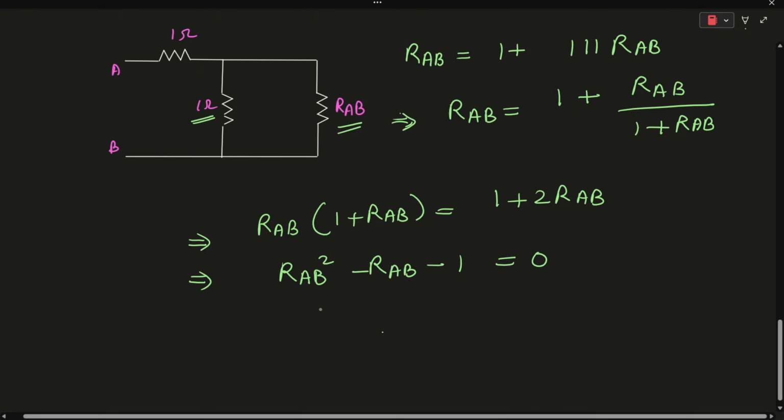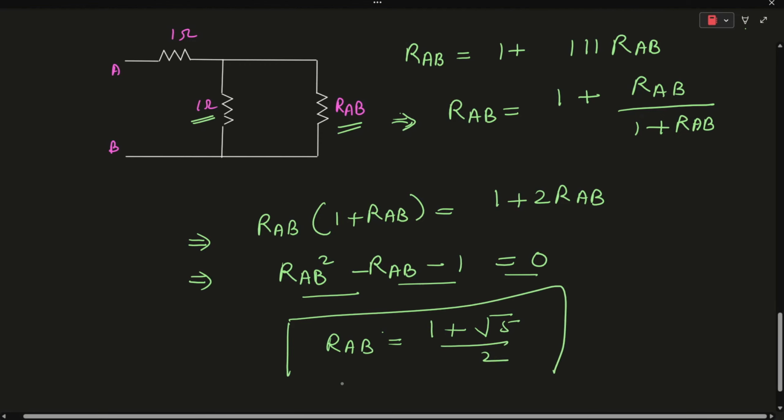On solving this quadratic equation, we are getting the value of RAB to be equal to (1 plus square root 5) over 2 ohms. So I hope it is clear how we are solving this problem.